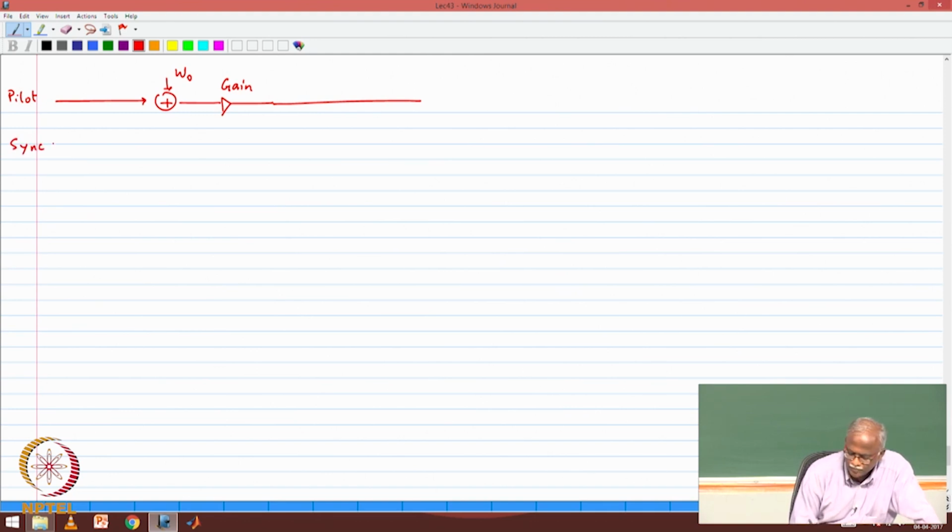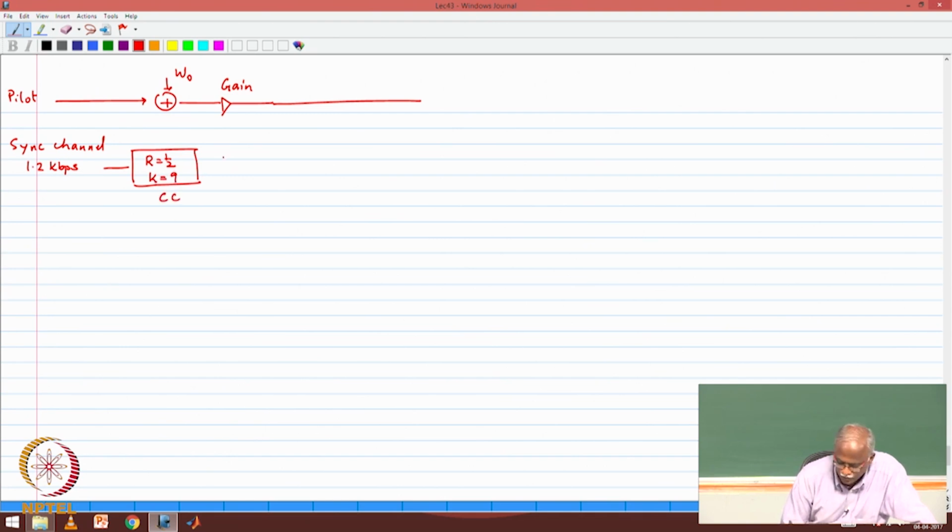This is how the sync channel is transmitted in CDMA 2000. It does not have a very high data rate. The information rate is 1.2 kbps. You take this information and apply a rate 1/2, K equal to 9 convolutional code.